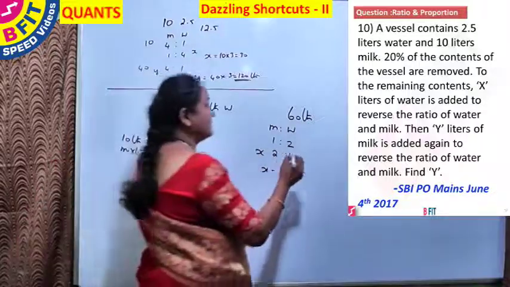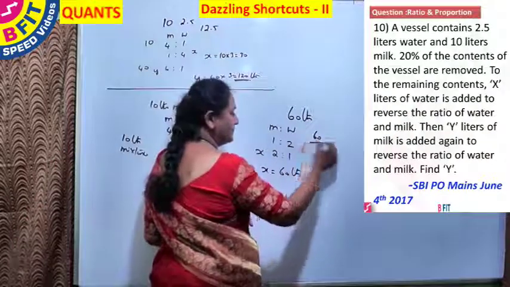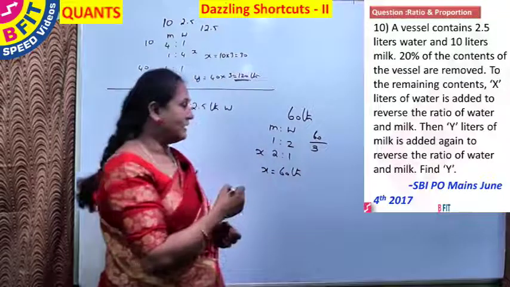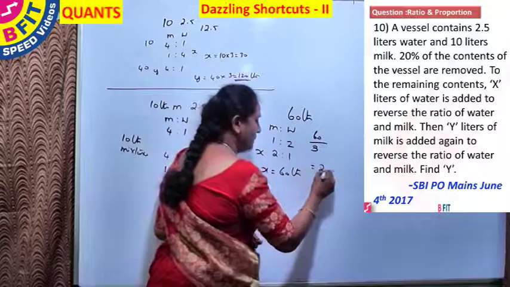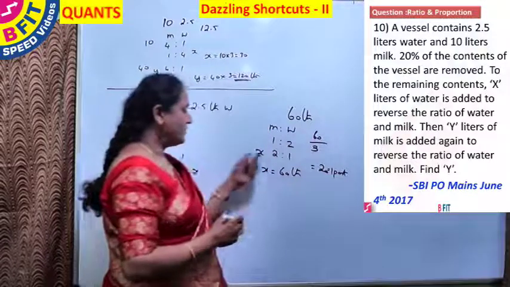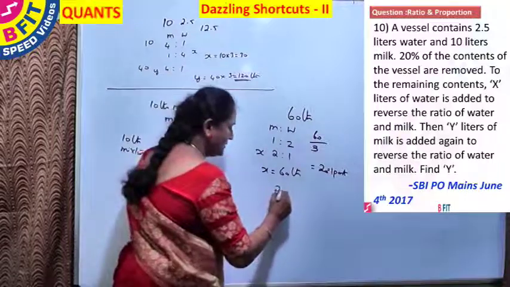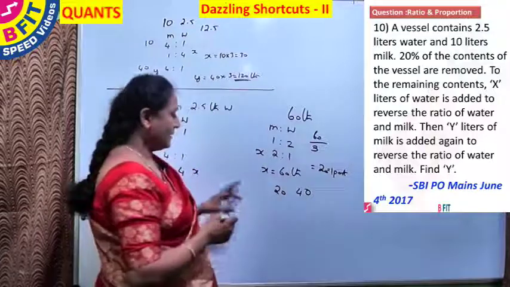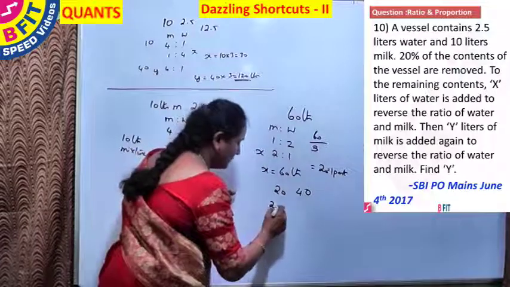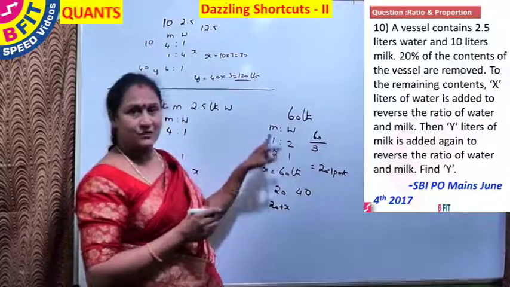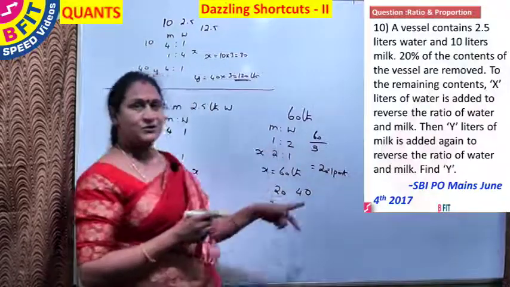In this 60 liters, we have 1 part milk, 2 parts water. Dividing by 3, we have 20 as 1 part. Which means milk is 20 liters, water is 40 liters. Now with this 20, some amount of milk is added where the ratio which was 1:2 becomes 2:1.